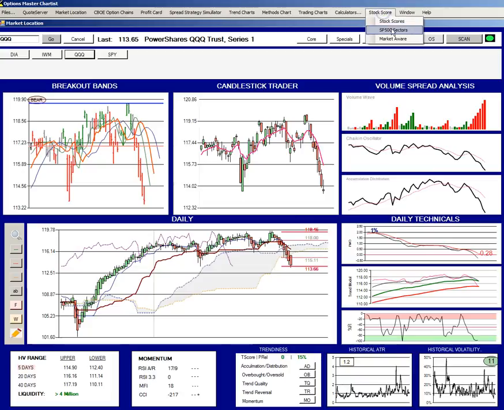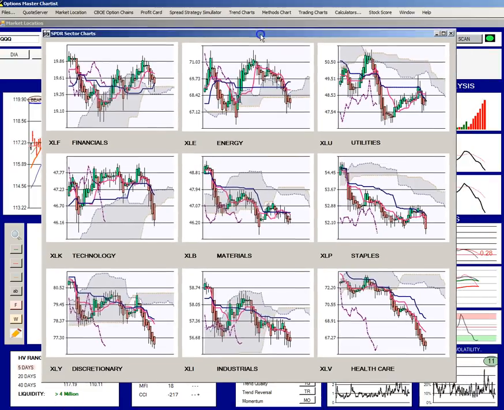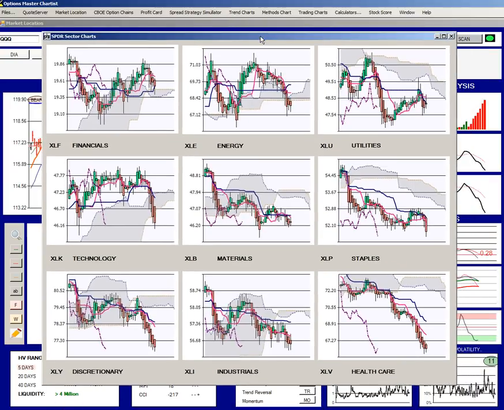The other stock score chart I want to look at is the S&P 500 sectors. And this chart will give you the 9 sectors in the S&P 500. And the way they're set up generally is that the aggressive sectors are on the left side of the chart, and the passive or safe or conservative sectors are on the right side of the chart.